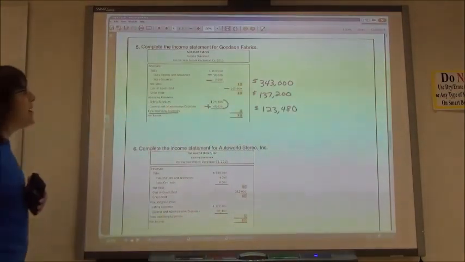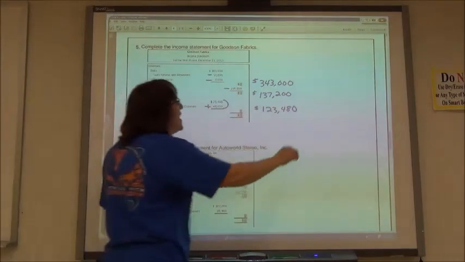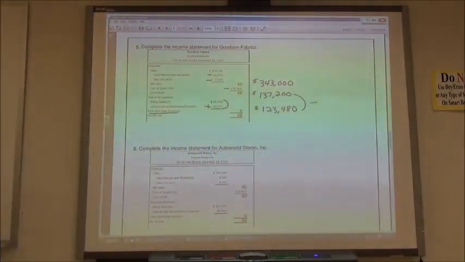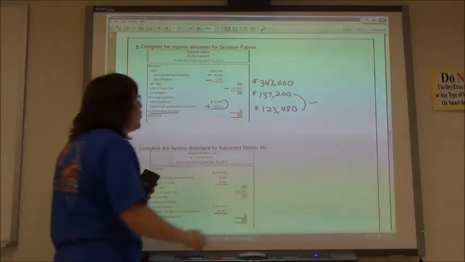Then I want to find my net income. So if I'm going to find my net income, I'm going to take my gross profit, I'm going to subtract off my operating expenses. So 137,200 minus 123,480 gives me a net income of 13,720.